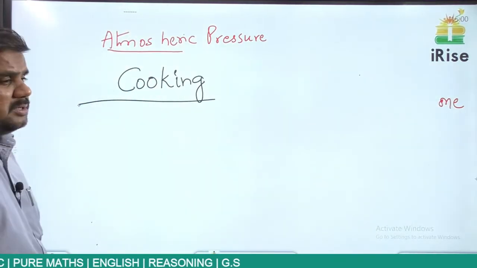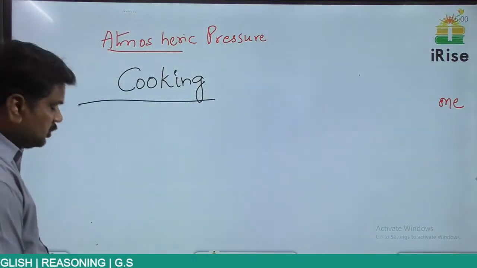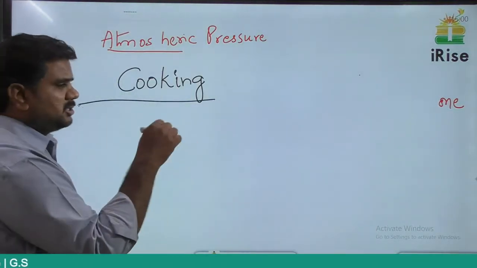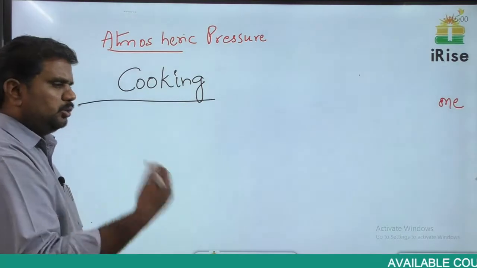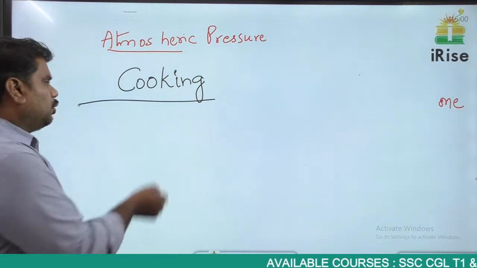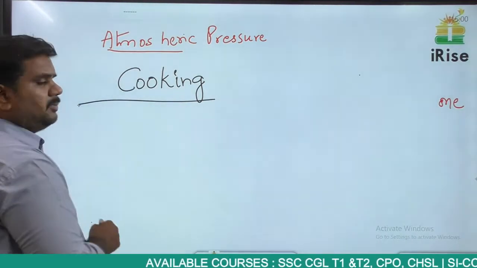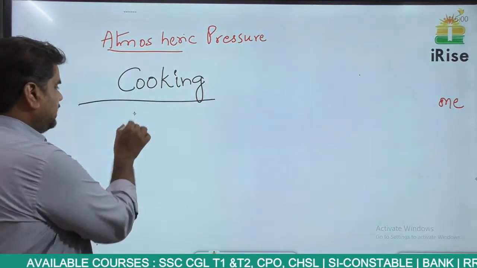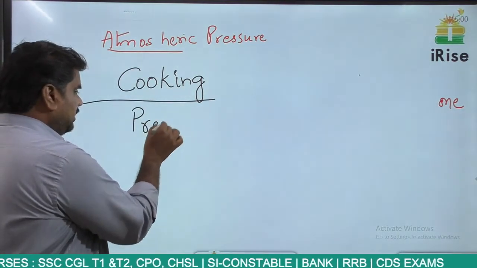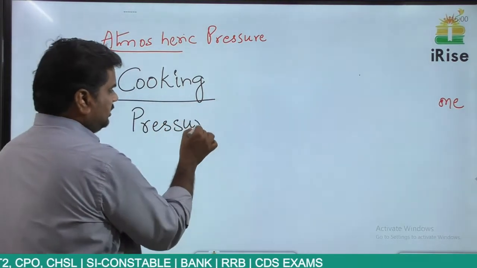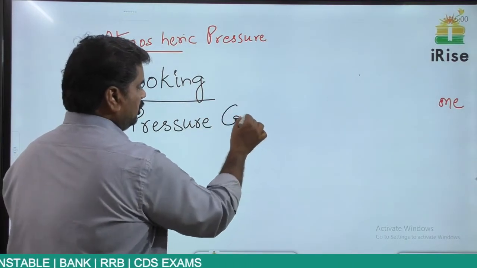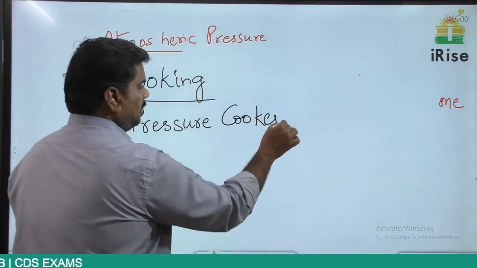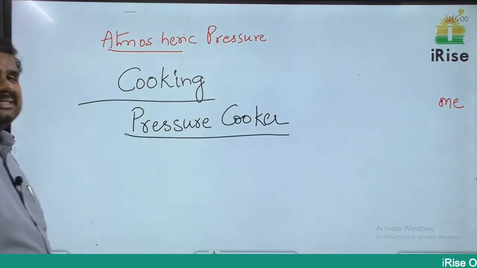What is the reason for that? In elevated places like Shimla or Ooty or Kodaikanal, cooking is taking more time. That is the reason why the people residing in that area definitely have to use the pressure cooker. Why? To minimize the time of cooking.